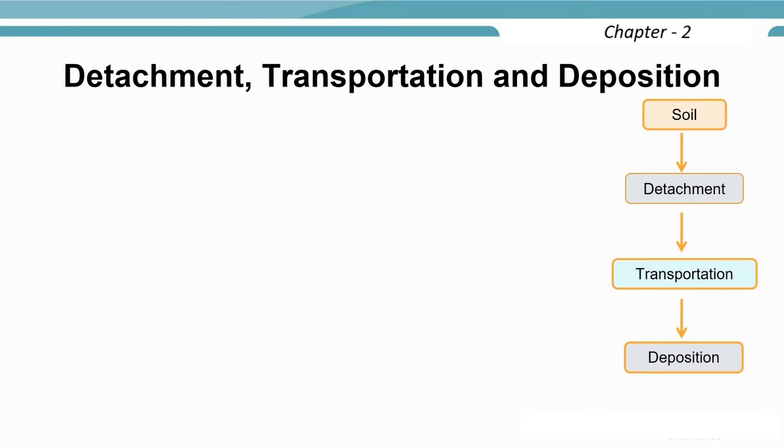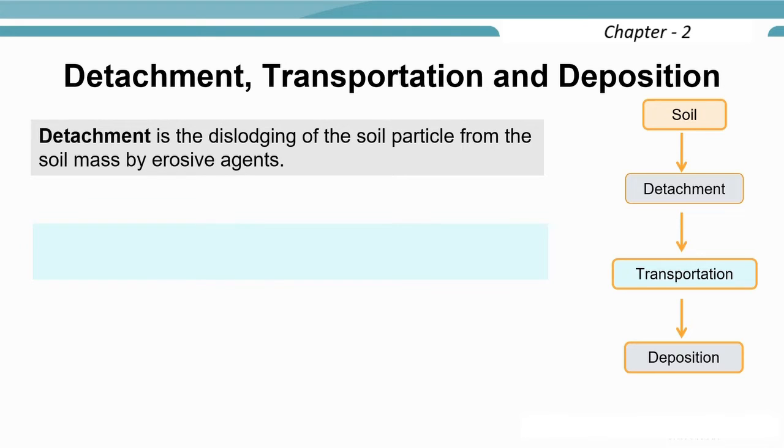Now let us discuss the three stages: detachment, transportation and deposition. So what is detachment? It is the dislodging of soil particles from the soil mass by erosive agents. Rainfall has a tremendous amount of kinetic energy.